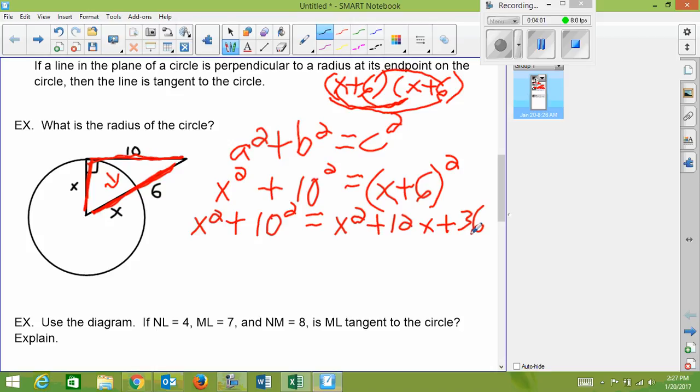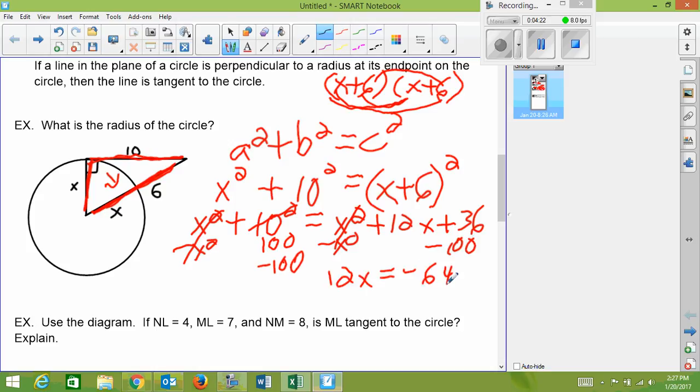I need to get everything on one side here. So I could go ahead and say that 10 squared is 100, because I can tell that by looking at it. So I can minus my x squared, move it over here. It's gone now. Minus 100 from over here. So what you have left then is 12x equals negative 64.